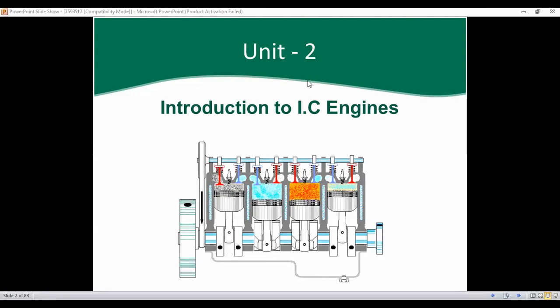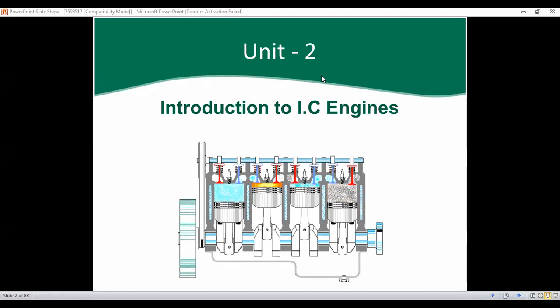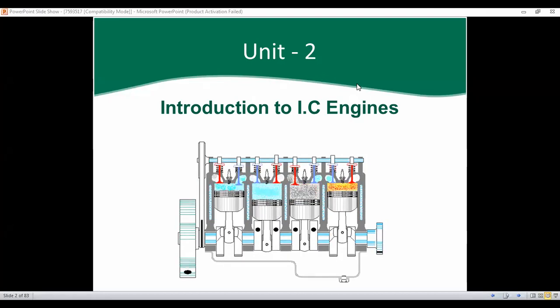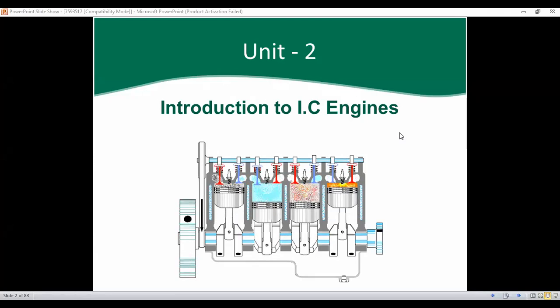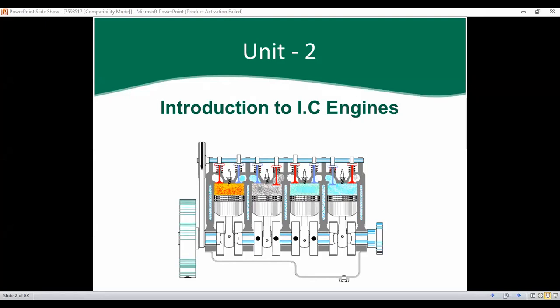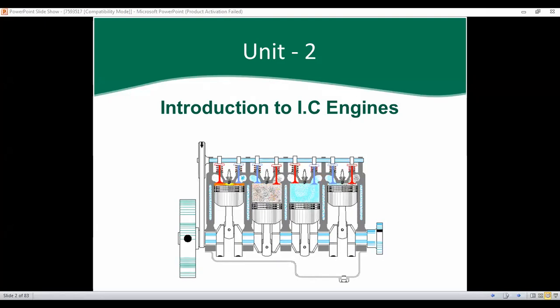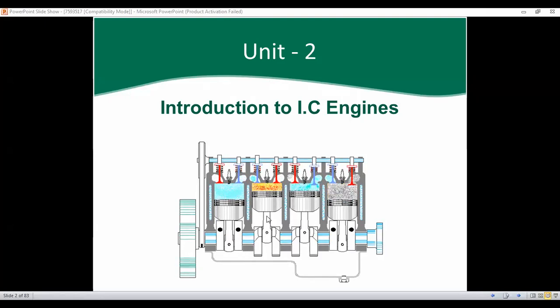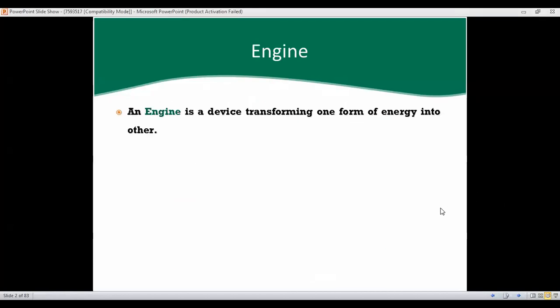So we can discuss the different components of the IC engine, what is the purpose of each component, and what is the different use of each component. This is the animated diagram.